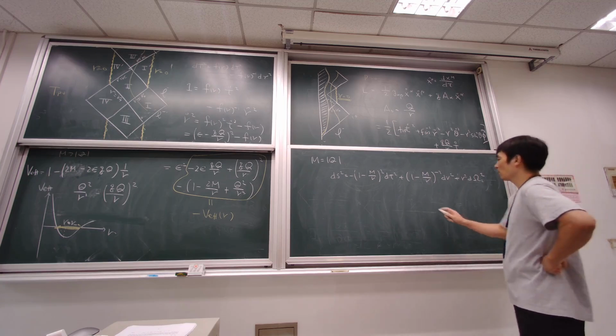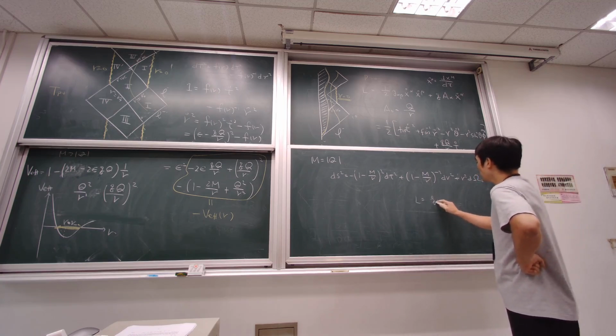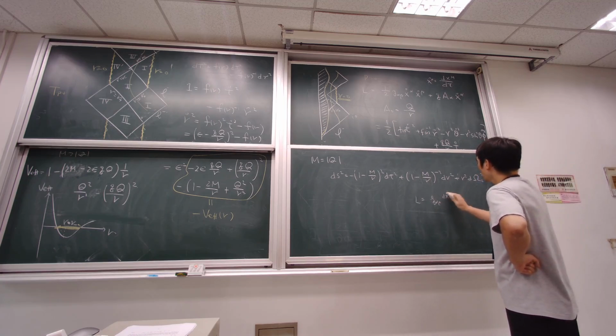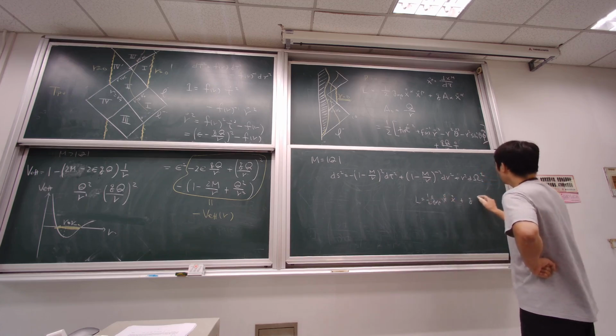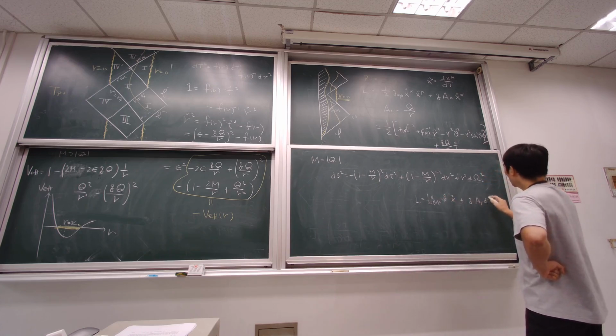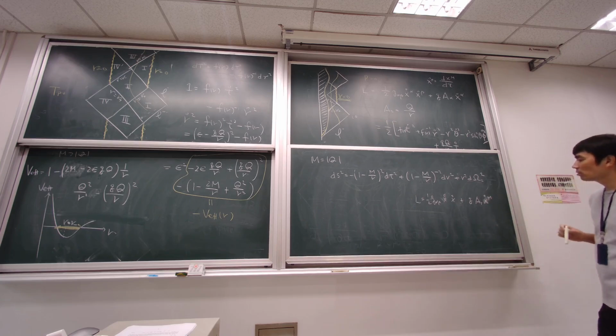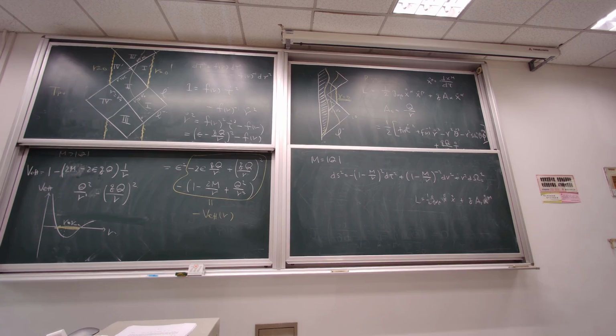The Lagrangian is g alpha beta x dot x dot times 1/2 plus q mu times x dot mu. If we're counting dimensions, there should be a mass somewhere.